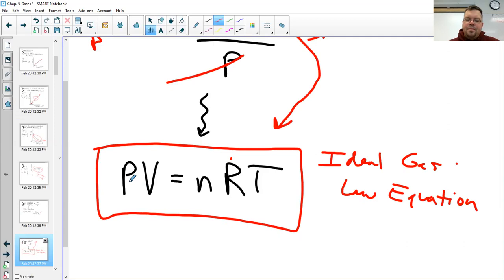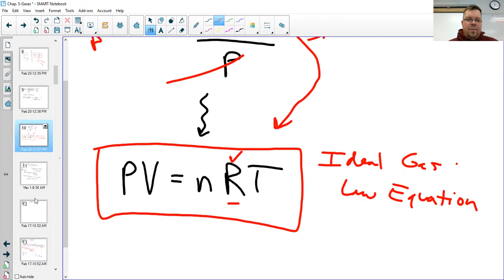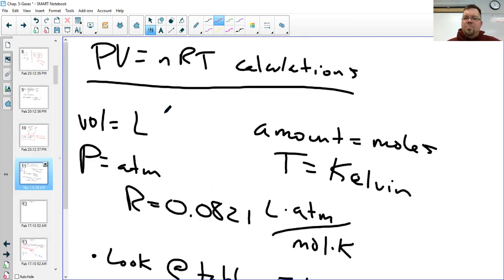Again, pressure is in atmospheres, volume in liters, n is moles, the amount needs to be in moles, T is the temperature in Kelvin, and then the R value is constant. You'll always have the constant, 0.0821 liters times atmospheres over moles times Kelvin. So we're at the PV equals nRT, or Puvnert, calculations.